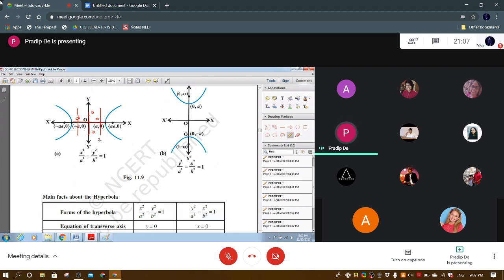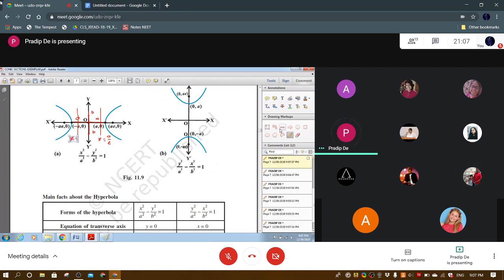The equation of this directrix will be x equal to what? Tell me. x equal to a by e. And the equation of the other directrix, x is equal to minus a by e. Correct.